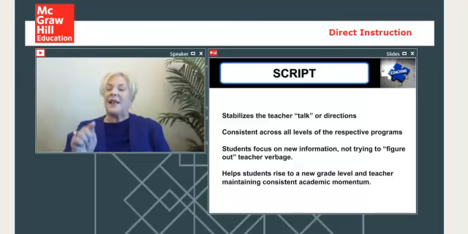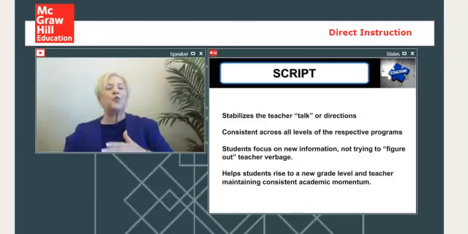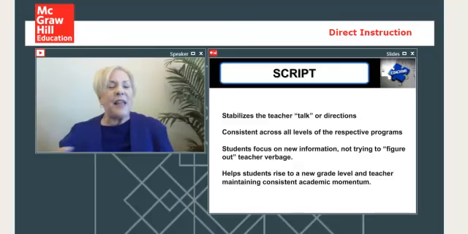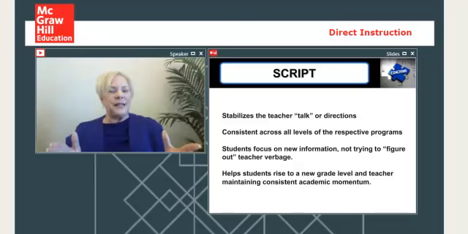The other place that that script really helps is we do not have as much of a problem with students rising from K to 1, 1 to 2, grade 4 to 5, etc. And we don't have to have that adjustment time in the fall for the students to get used to how this teacher is instructing. Yes, the teacher who inherits them may use a little different approach, but the script's the same.